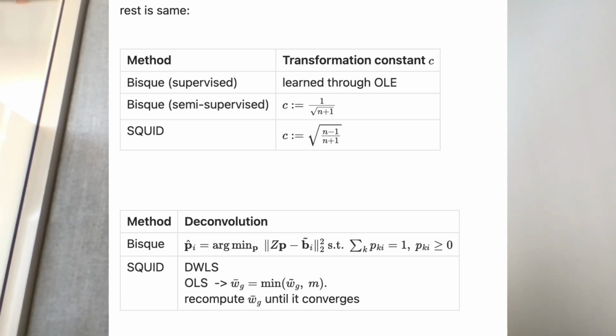Yes, n plus 1, and for SQUID you then predict with these least squares and everything. The only thing they do differently is they set c constantly to l minus 1 divided by l plus 1, and everything else is the same.